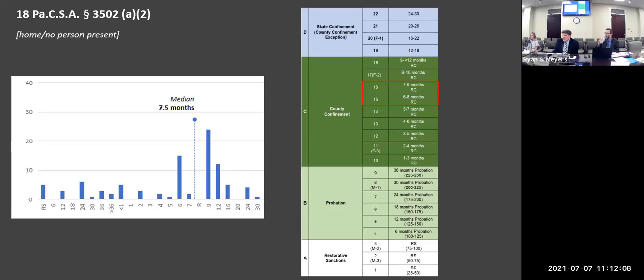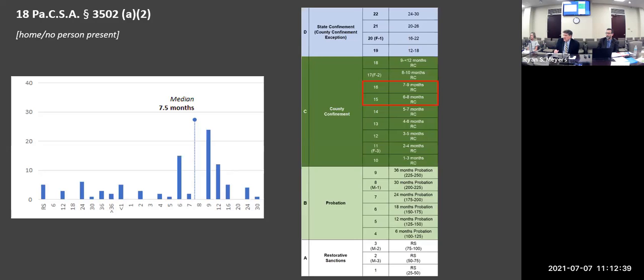And Matt talked about this before, but if something doesn't look right, we should unpack the data, look at a full distribution and see: the median is the midpoint, but if there's a whole bunch of outliers at one end and it's skewed in one direction, does that give us pause, or is that worth the commission looking at and making a different consideration?